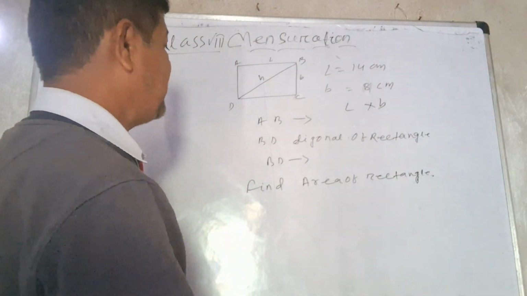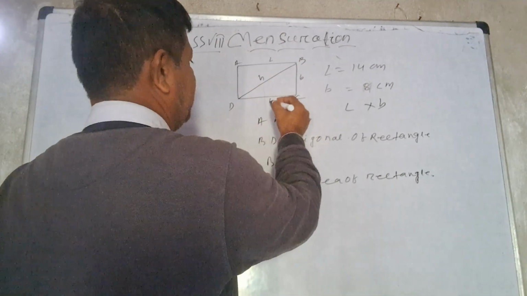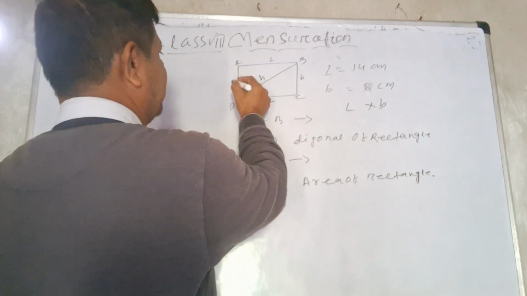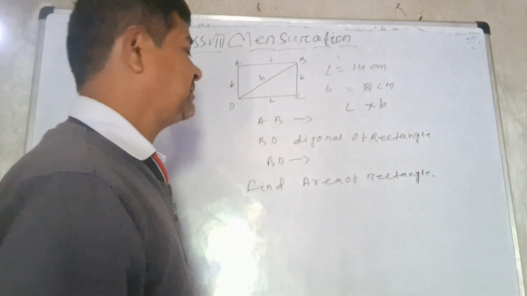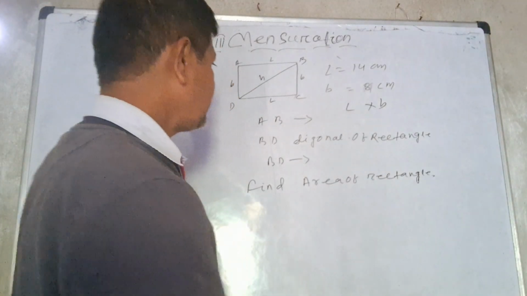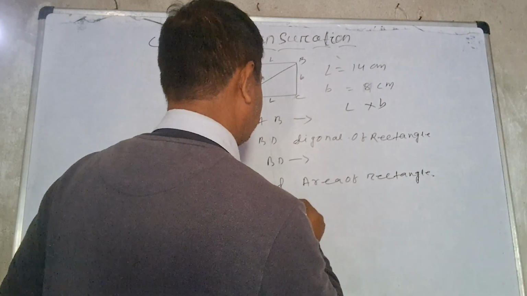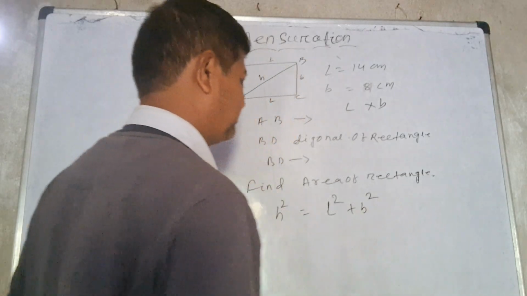How can you find the breadth B? Here it is L. BC is equal to the opposite side, B. What is the relation between H, L and B? H square equal to L square plus B square.